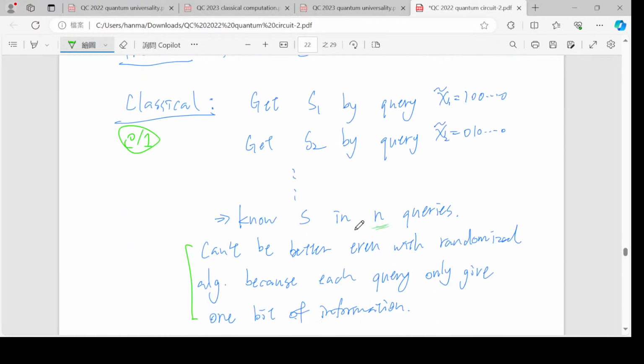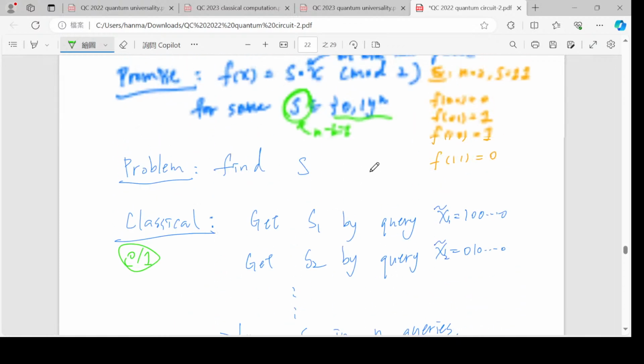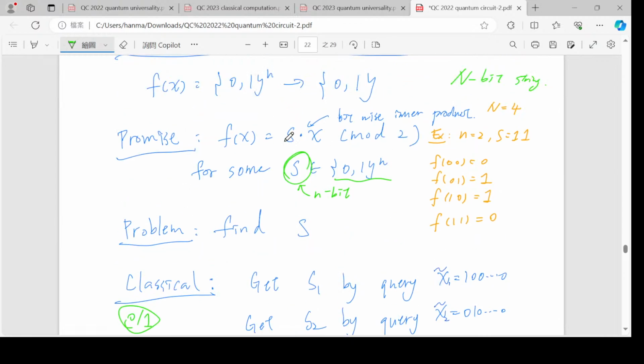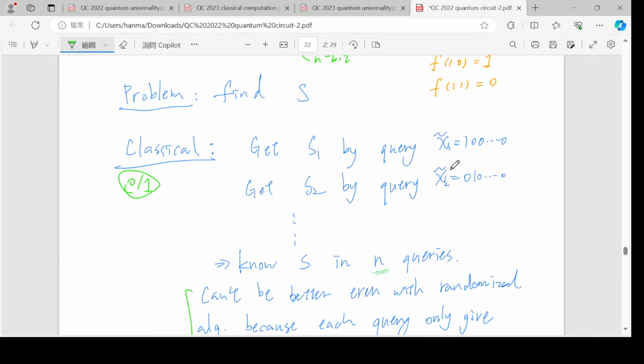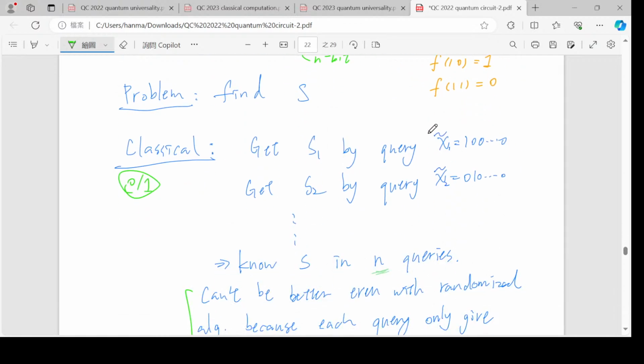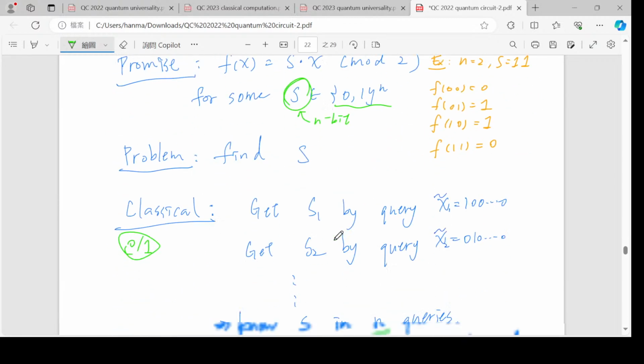As for the upper bound, you know it's n queries, because you can query at these locations for x. You can query at this x1 tilde, that's this 1, 0, 0 string, and the inner product with s will give you the first bit of s. Similarly, if you pick x2 tilde equal to the 0, 1, 0 string, the inner product with s will give you the second bit of s, etc. So you query n of those strings, and you learn the whole s.